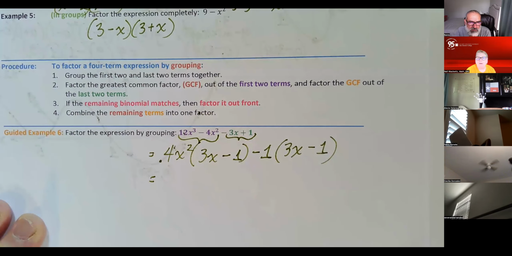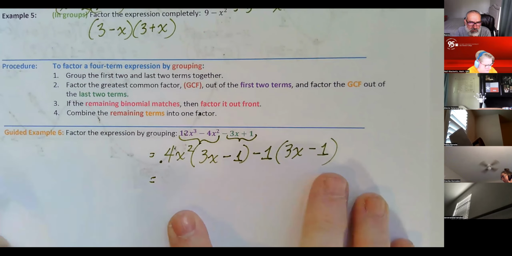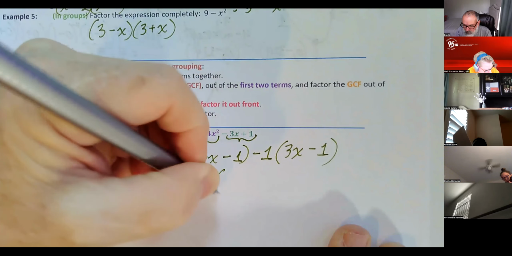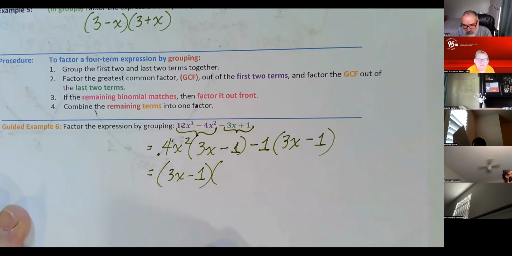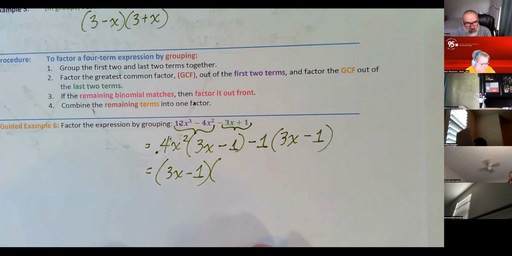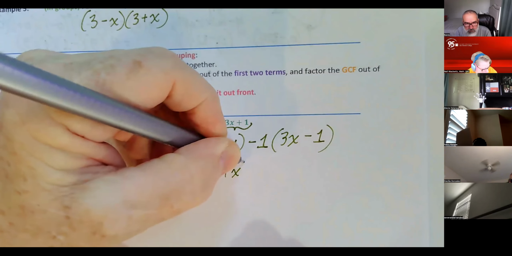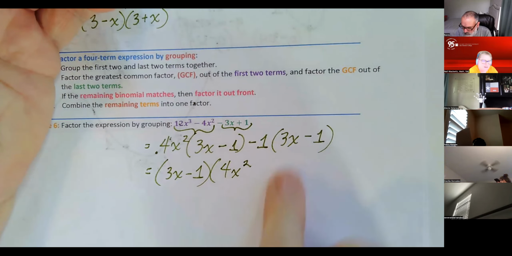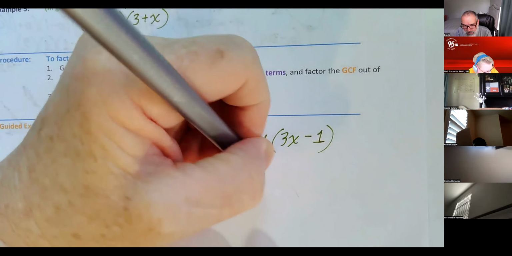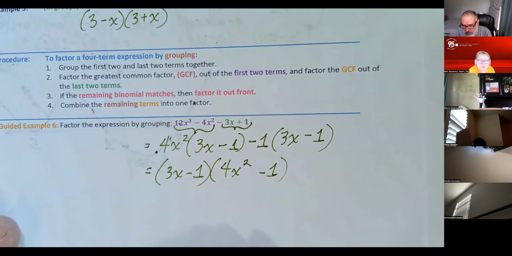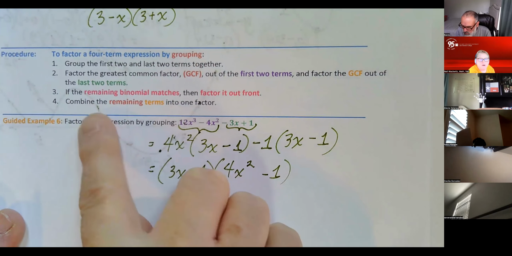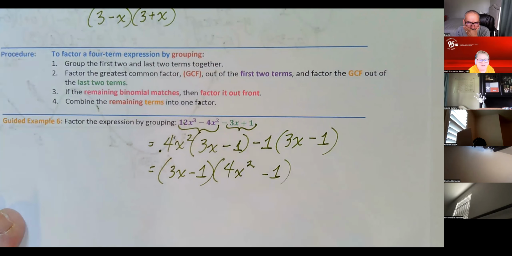That means that factoring by grouping will work, and we're going to factor that factor out front. Now let's write down what's left. In the first whole thing, we've got this 4x squared left. What's left in the second part? Negative 1. Good. And that was step 4, combining the remaining terms into one factor.